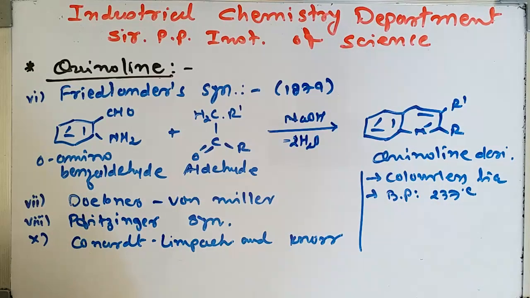Its basicity is of the same order as that of aniline. It is sparingly soluble in water but completely miscible with most organic solvents, as for example ethanol and ether. These are the most important solvents, ethanol and ether.